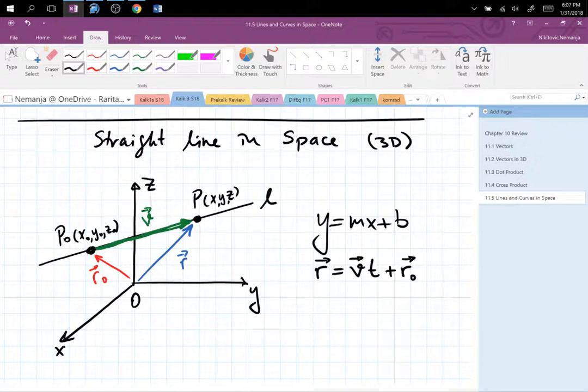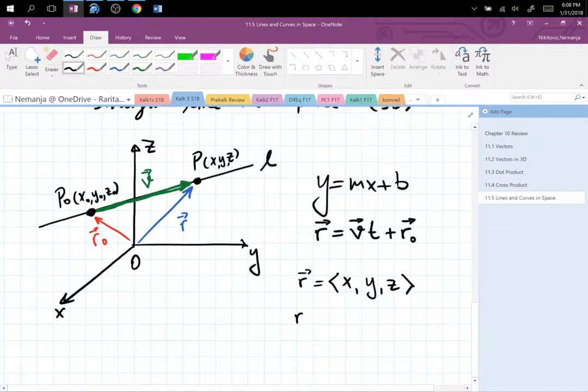So now, what is vector r? Well, vector r is the point which has coordinates x, y, z, minus the origin, which has coordinates 0, 0, 0. So vector r is clearly the vector that has x, y, and z in it.